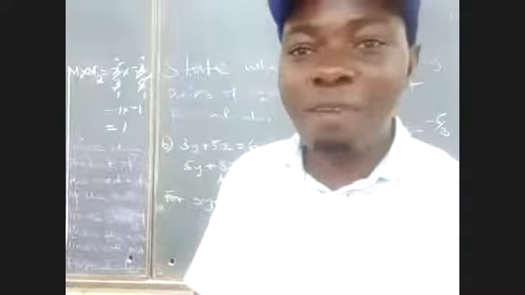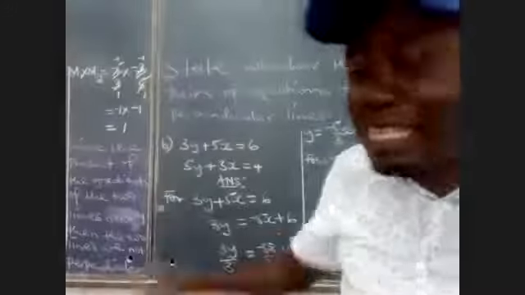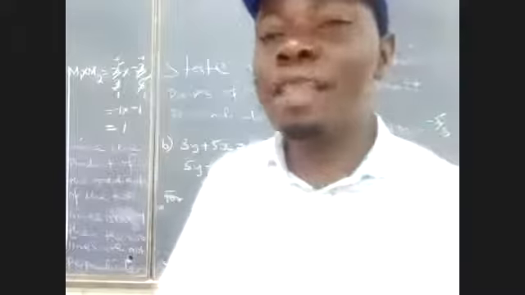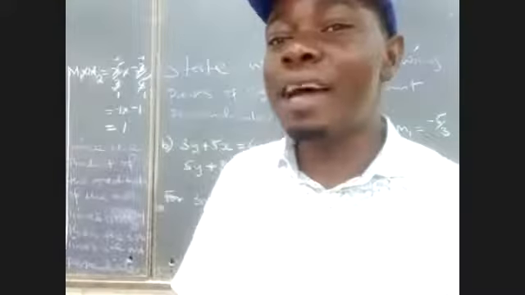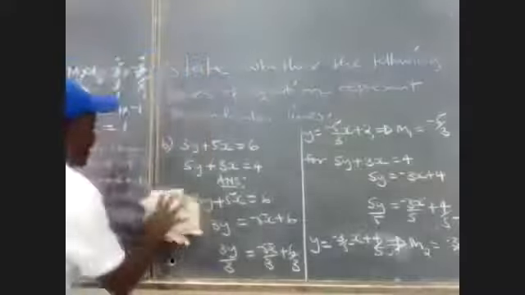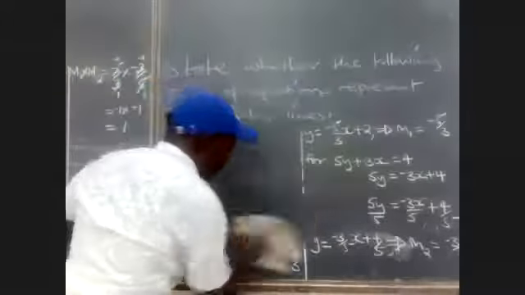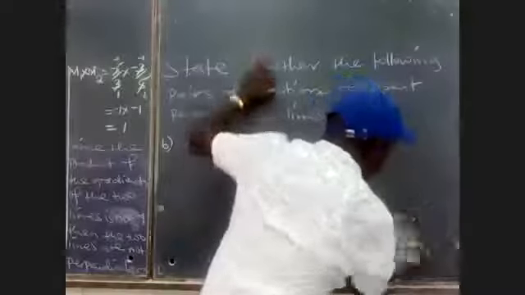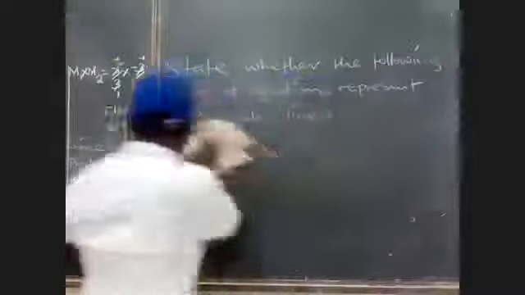I want to give you only parts C and D of these. You try them out and see whether each pair is of perpendicular lines, using the same instructions here.